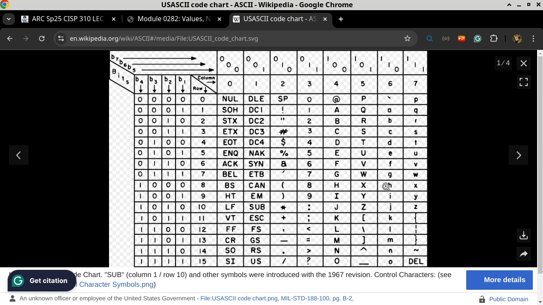It's Unicode, exactly. So Unicode is 16-bit wide, which means you can have up to 65,536 symbols in that case. So that's a lot of characters, right? To cover a lot of languages. Yep.